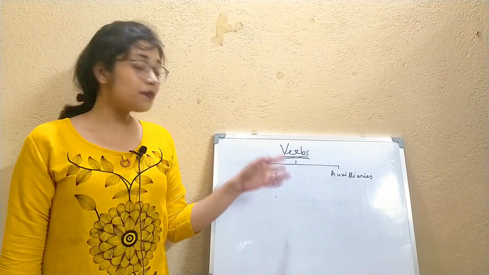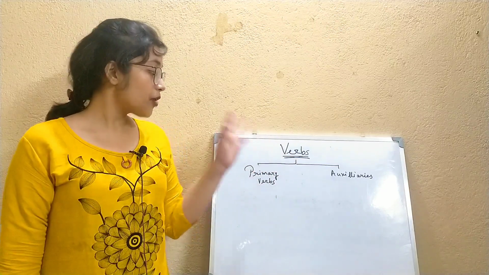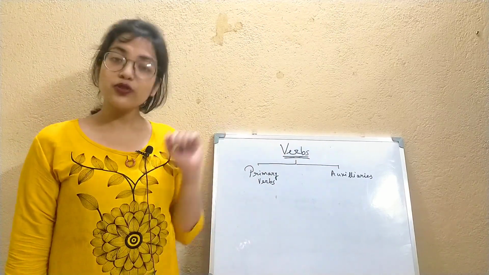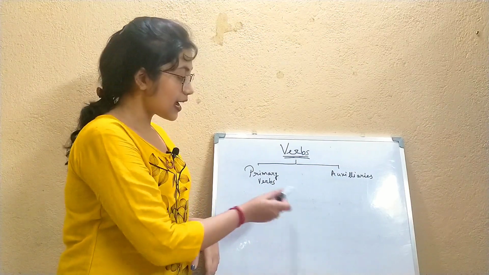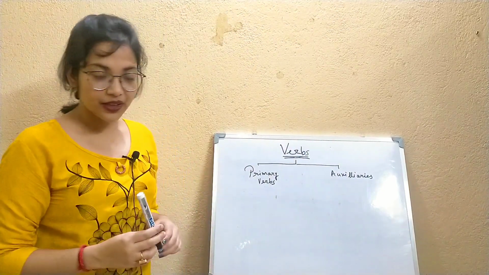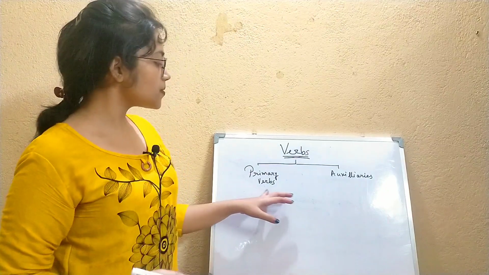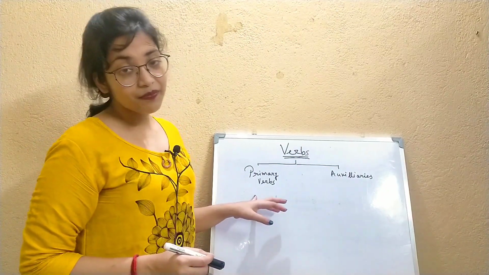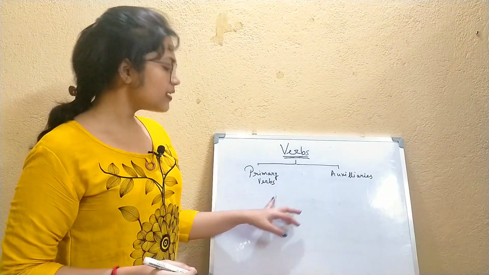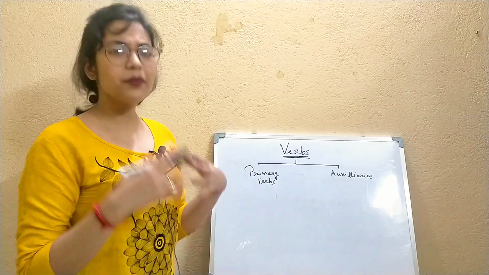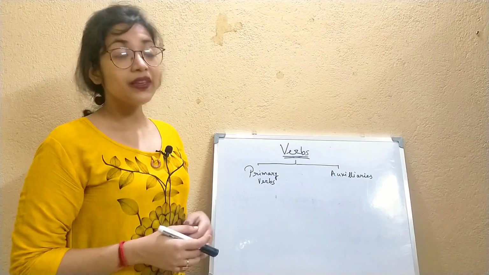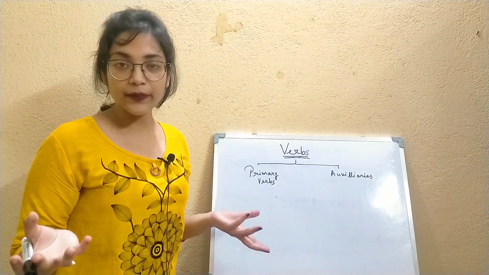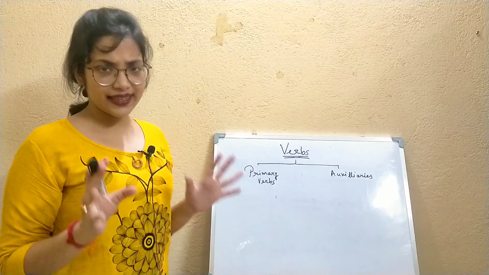Now, verbs can be primarily categorized into two categories, which are primary verbs and auxiliaries. Primary verbs are those verbs which basically mean some kind of action or activity, which I have already mentioned before, like singing, dancing, cooking. It can be anything like that.